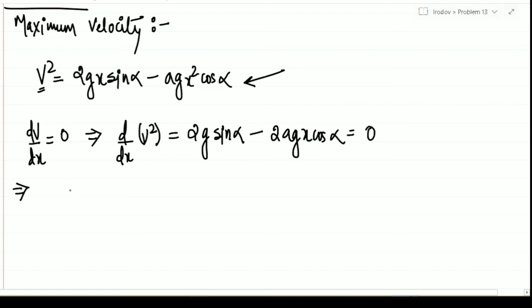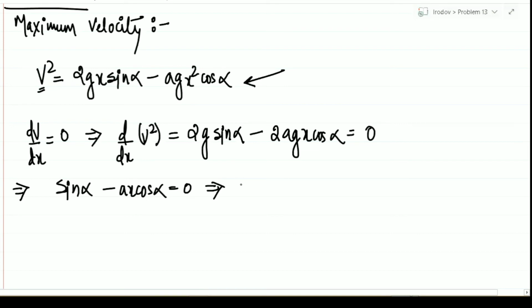This implies that sine alpha minus ax cos alpha is equal to 0.